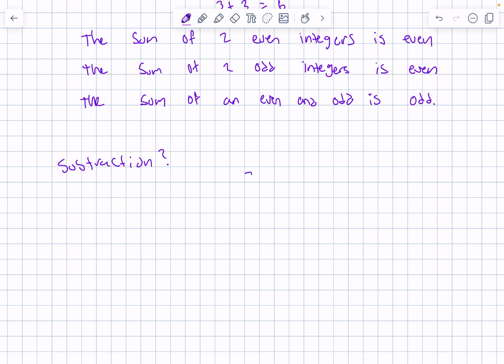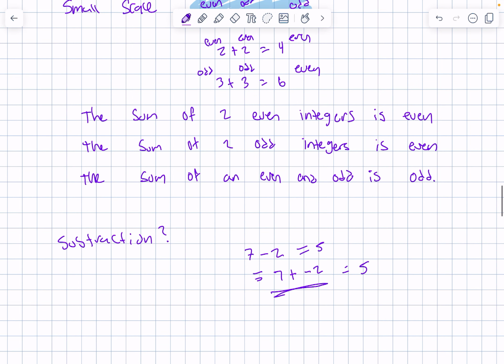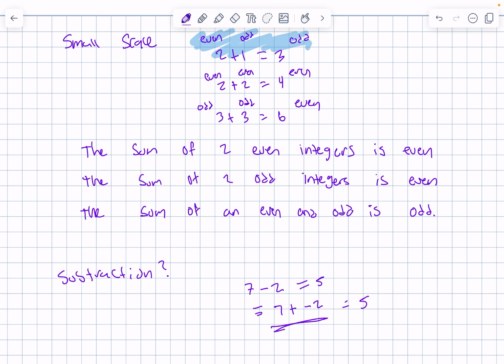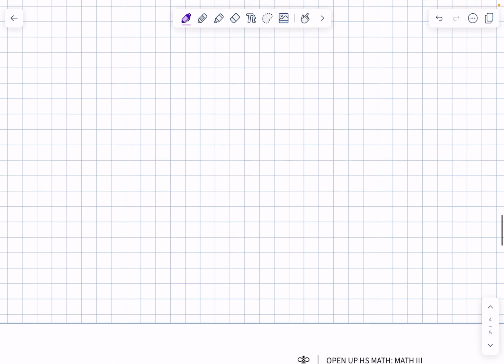So for example, if I have 7 minus 2, this is equivalent to saying 7 plus -2. The opposite of positive 2 is -2. So the same thing here. This is equal to 5, and this is also equal to 5. And here I have an odd and an even, which is an odd number. Yes, okay, sorry. I thought I was all wrong. But no, same concept.